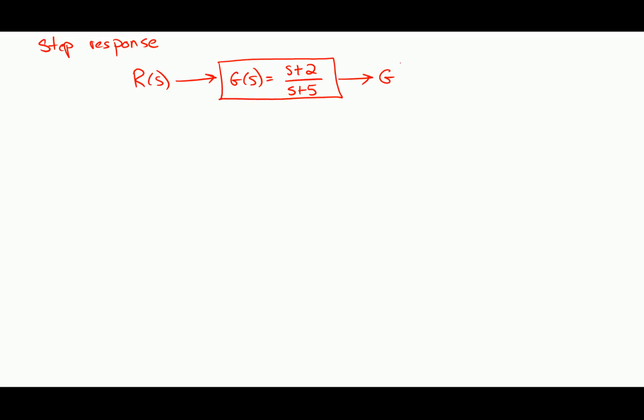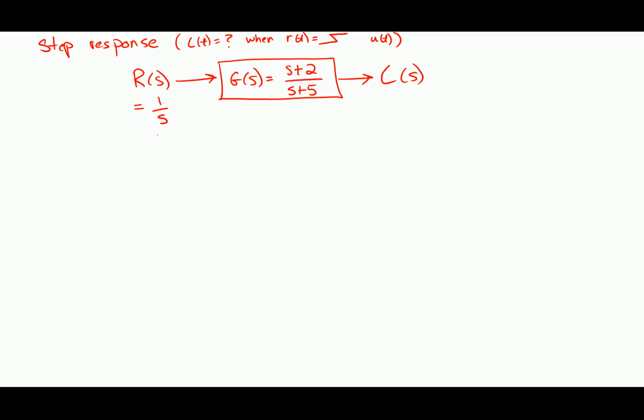Say I want to figure out what C of S is. And not only that, really what I want to know is the step response. So in other words, what is C of t when R of t equals the unit step, or what we say is u of t. So that means that R of S is 1 over S.